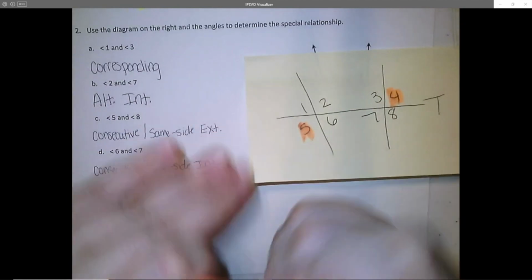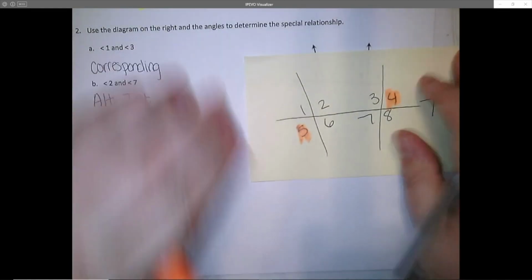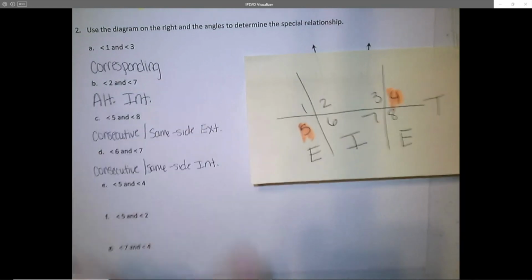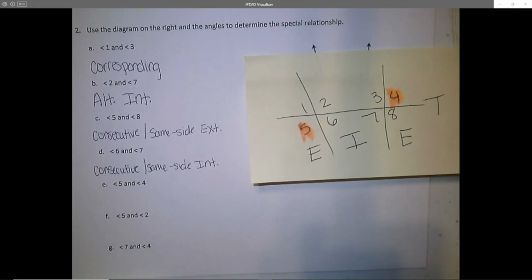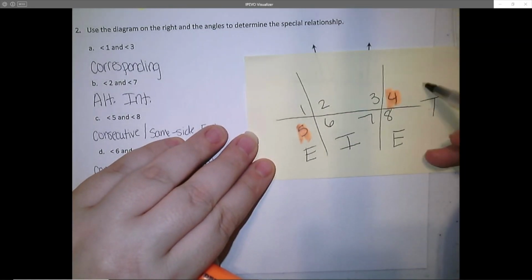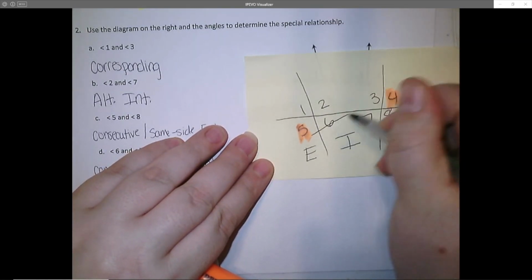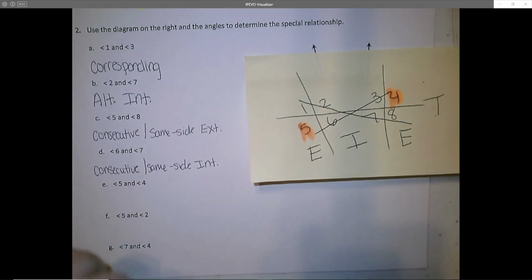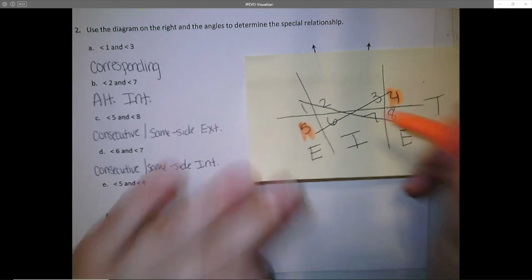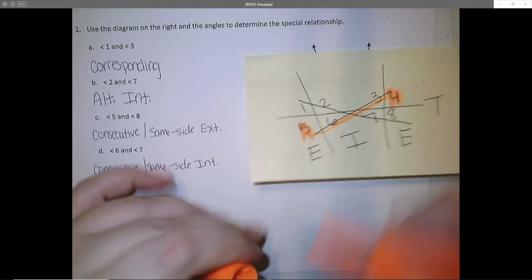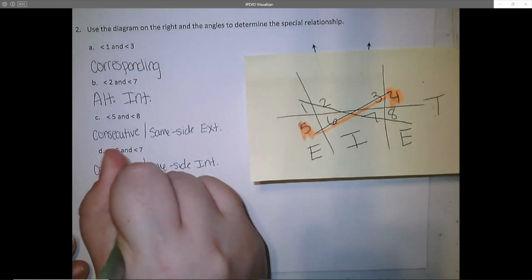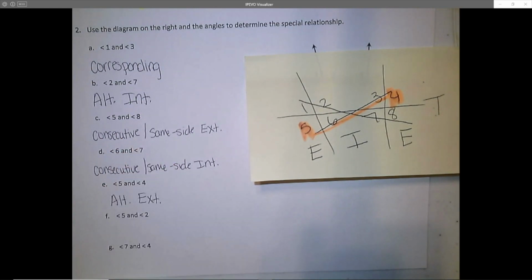Interior, exterior. 5 and 4 are both exterior, and now they are not on the same side. 4 is above, 5 is below. If they're not on the same side, think about drawing an X. Do 5 and 4 connect? And the answer is yes, they connect with this one line. Since they connect with an X, this is alternate, and they are outside, so it's exterior.